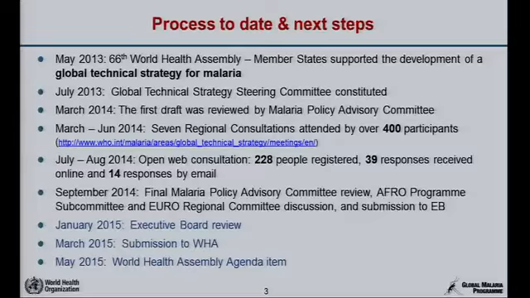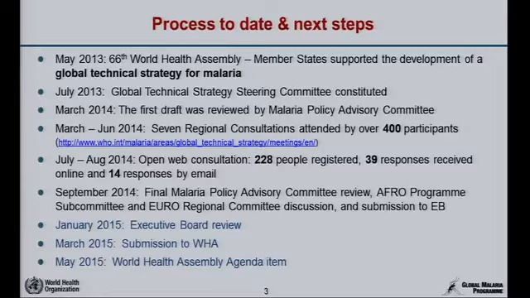Indeed, in May 2013, the World Health Assembly called for a new global technical strategy to be developed. A steering committee was set up by WHO, and that steering committee worked with the global malaria team at WHO in developing the first drafts.